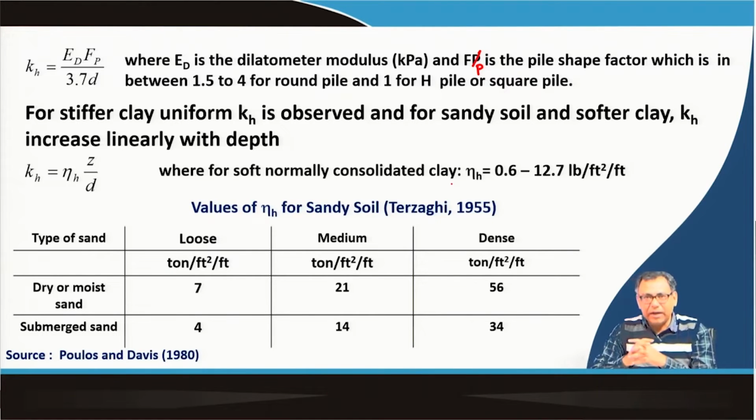For dry sand, moist sand and submerged sand, ranges are given for loose, medium and dense soil. We take eta h from there and put it here, with d the diameter of the pile. For any depth, if I change the Z value, I can calculate the KH for the pile.